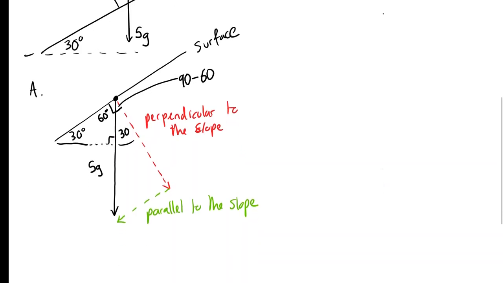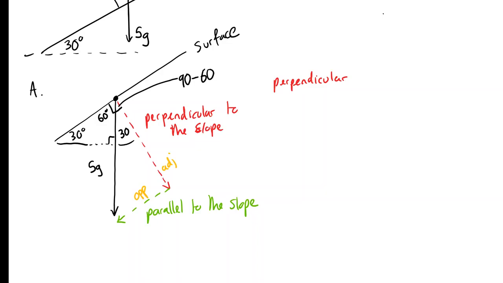Okay, so let's look at the perpendicular component. To do that, we need to name the sides here. This side is the adjacent in the triangle we're looking at, and this is the opposite. We're looking at that triangle there, made up of 5g, an adjacent, and an opposite. So for the perpendicular component, we've got adjacent and hypotenuse.